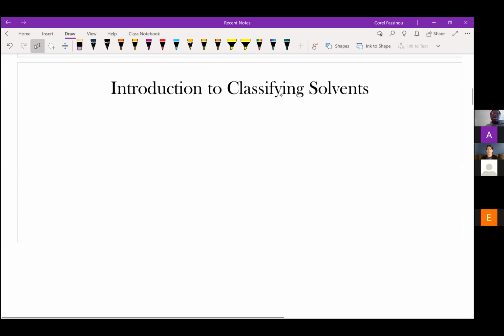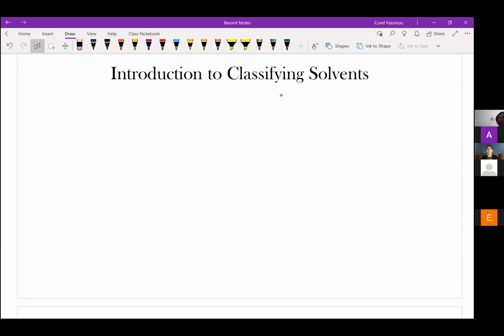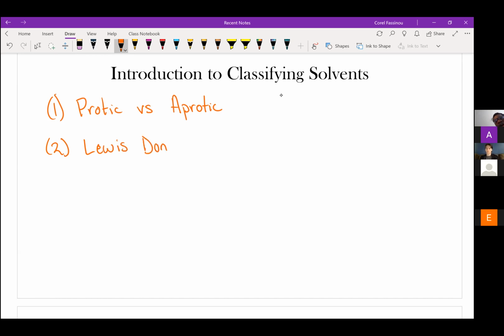Okay, so the first thing we're going to do is classify these solvents. And there's three ways that we're going to be looking at it. The first is going to be the protic versus aprotic. Two is going to be the Lewis donors versus the non-donors.